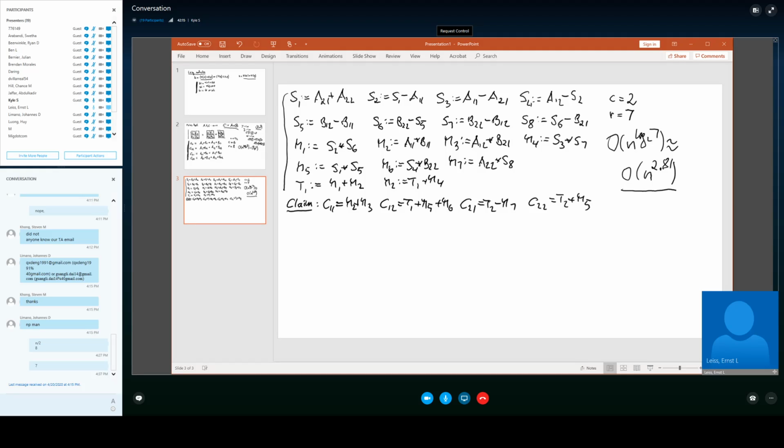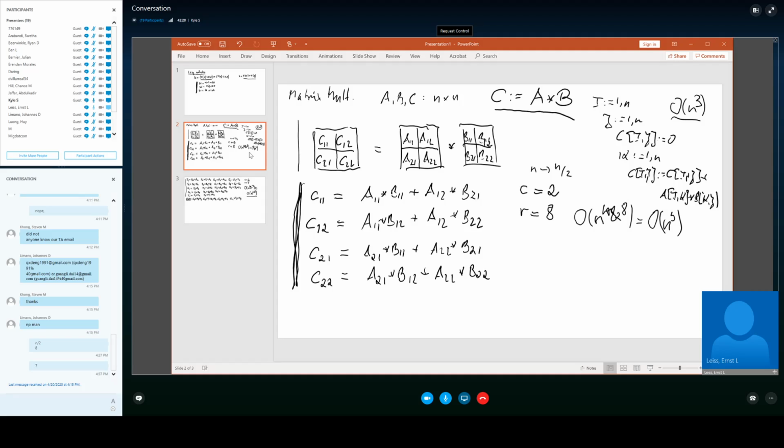And so this is a complexity that is significantly better than the complexity of the standard algorithm, which is the one with 3 nested loops.